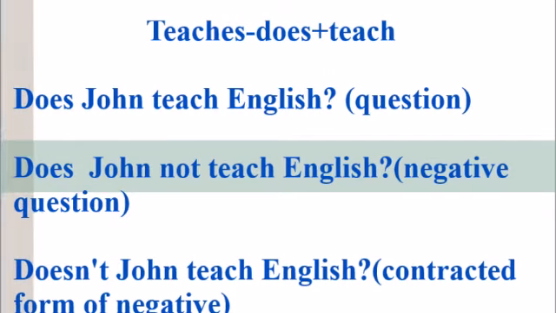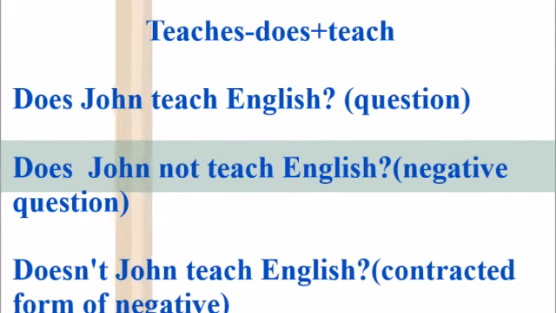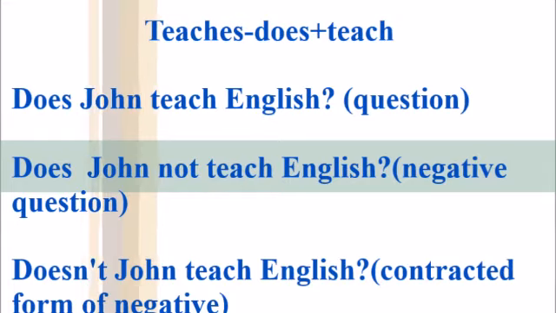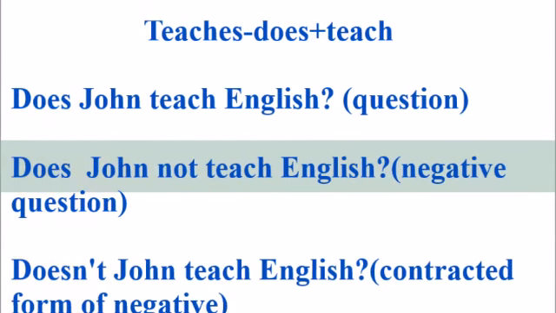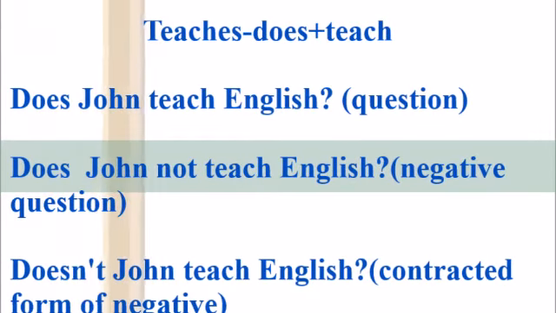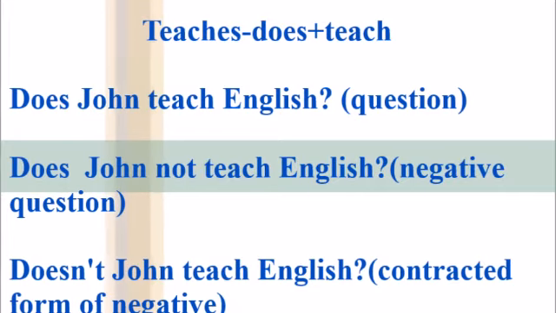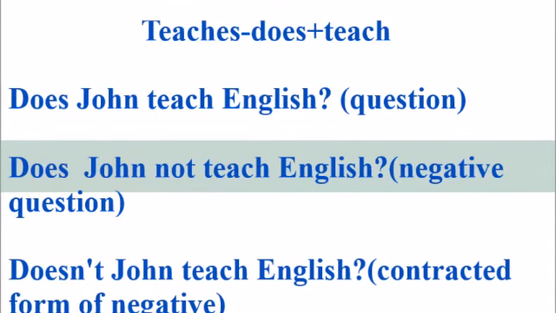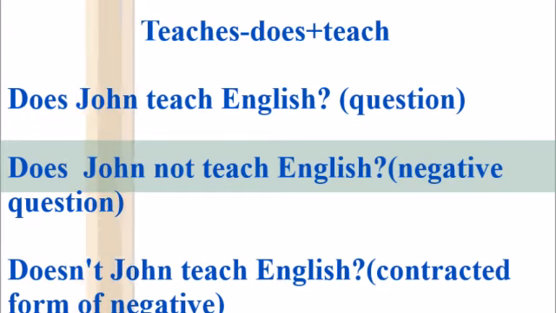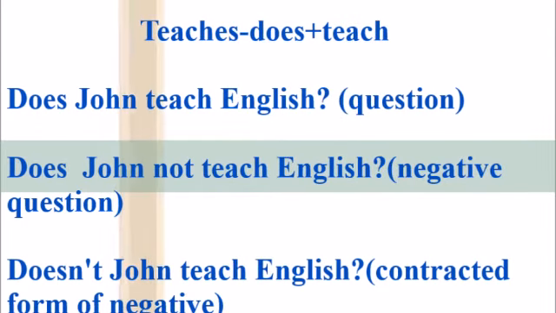The verb is teaches, and teaches is equal to does plus teach. So our yes or no question is, does John teach English? Does John not teach English? That is a negative question. Doesn't John teach English is the contracted form of negative.